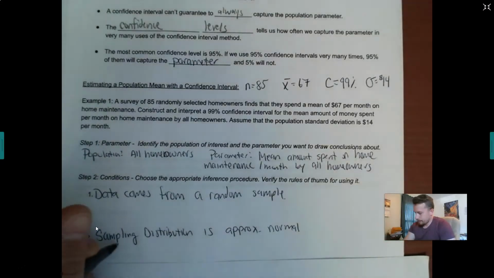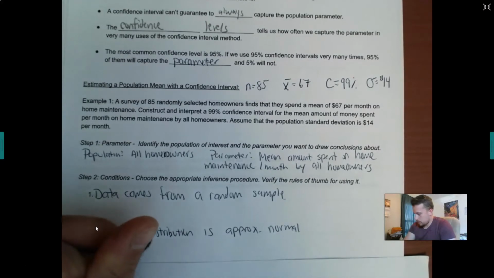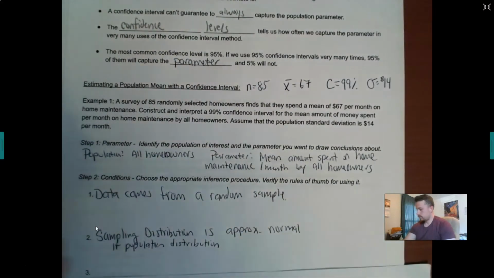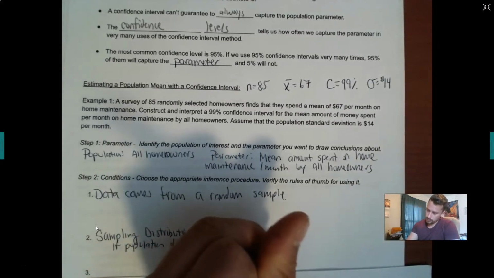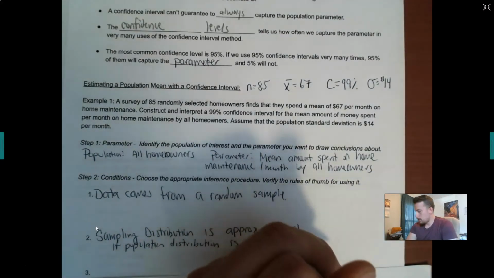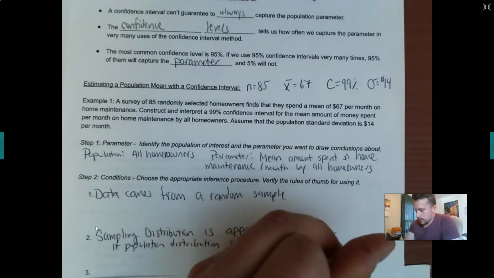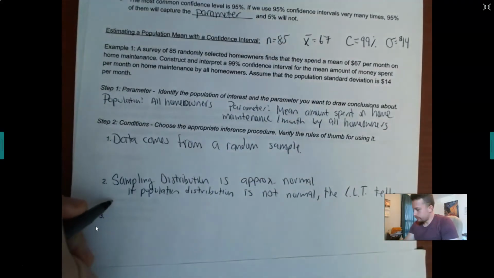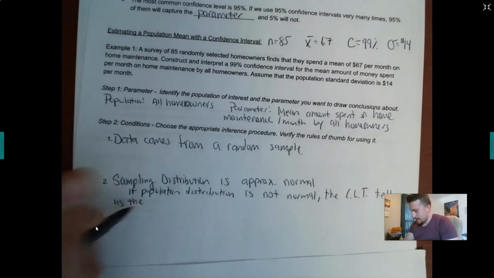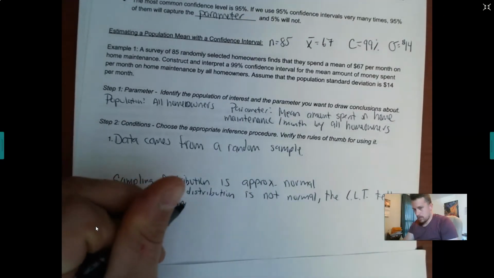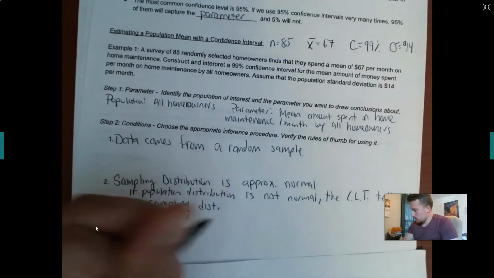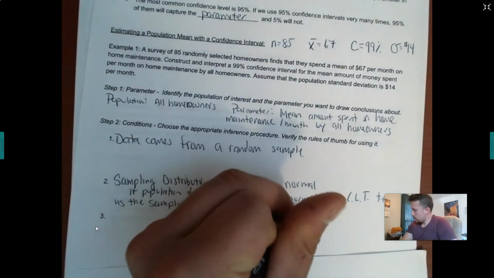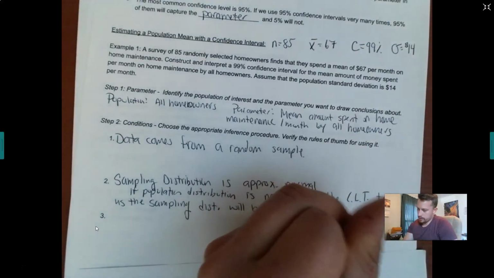So, if the population distribution is not normal, the central limit theorem tells us that the sampling distribution will be normal as long as n is greater than or equal to 30.